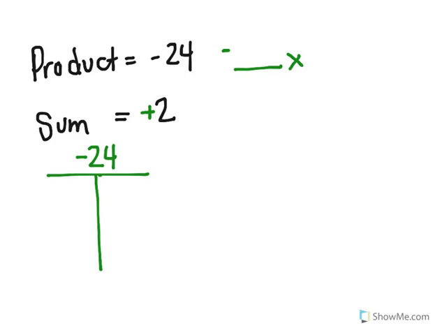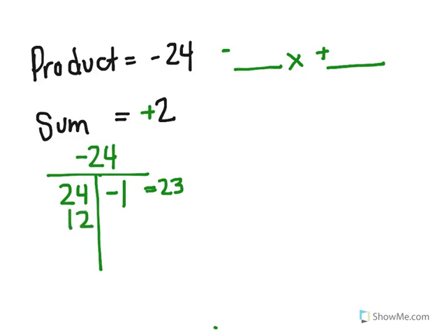Now, if it's going to add up to positive 2, then I need to have more positives than negatives. So I'm going to make the positive the greater number. Negative 1 times 24 is negative 24. Does that add up to 2? No, that adds up to 23.